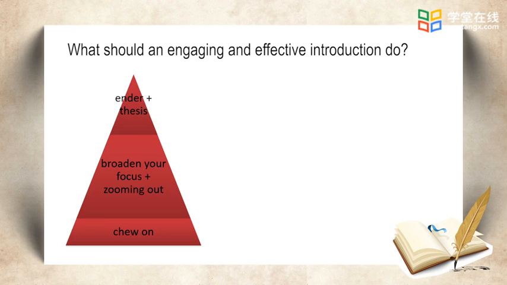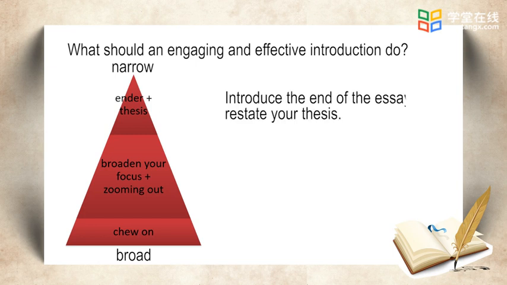This triangle looks as if it reverts the previous triangle in the introduction part because it starts from something narrow or specific and goes broader gradually. Usually in an effective conclusion, the writer introduces the end of the essay and restates the thesis first, using different words and expressions. A good conclusion draws together the points which readers just read and are fresh in their minds.